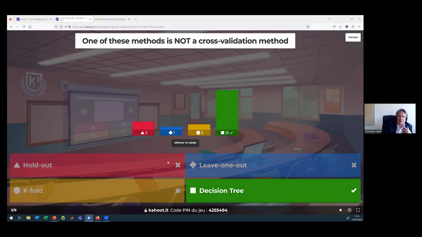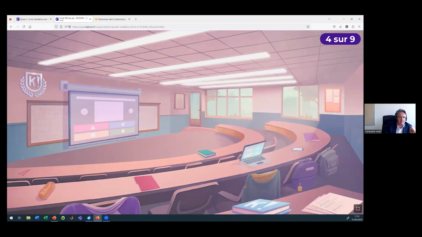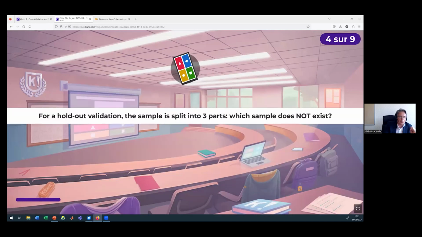The three main approaches of cross-validation are the hold-out, the leave-one-out, and the k-fold approach. For hold-out validation, the sample is split into three parts. Which sample does not exist?